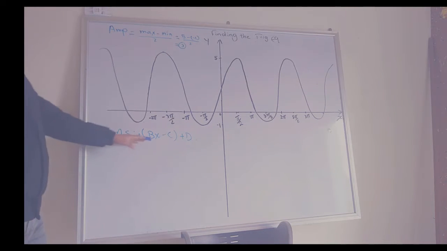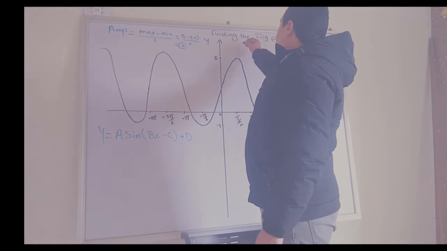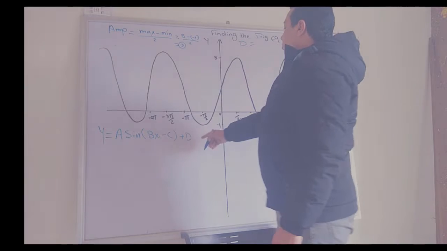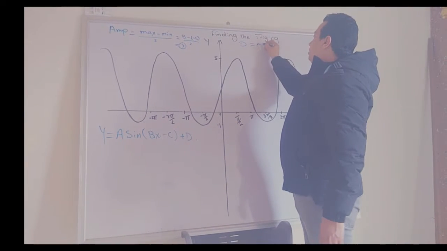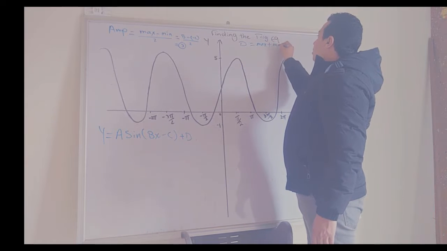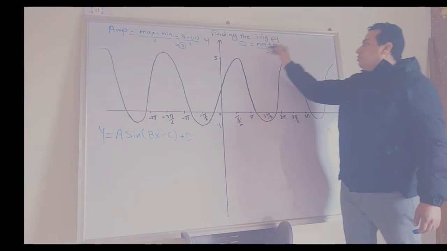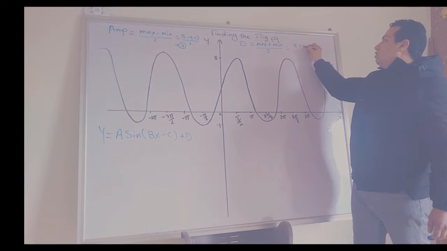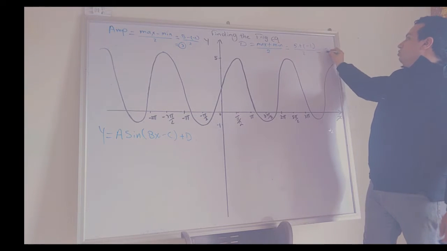To find out d, you have to keep in mind that d, which is the vertical translation, is equal to maximum plus minimum, all divided by 2. And here we have the maximum, which is 5, plus -1, all divided by 2. In the simplest form, 5 minus 1, 4 divided by 2, equals 2.